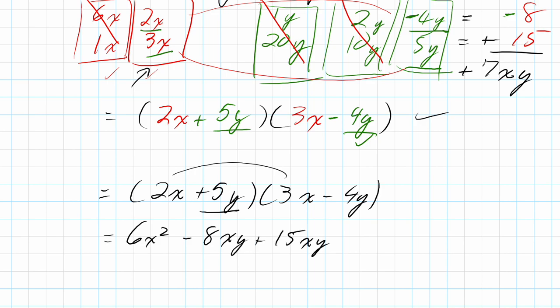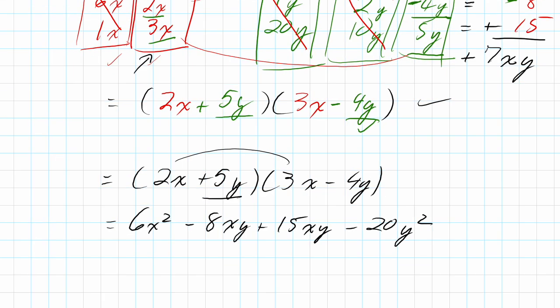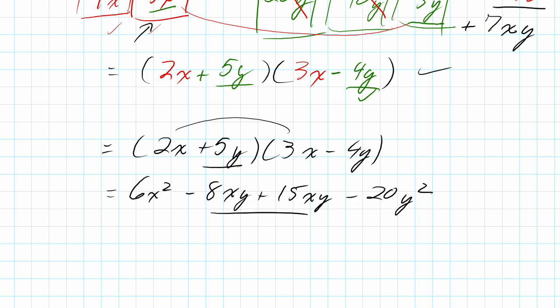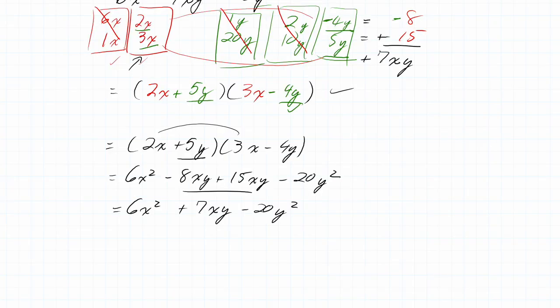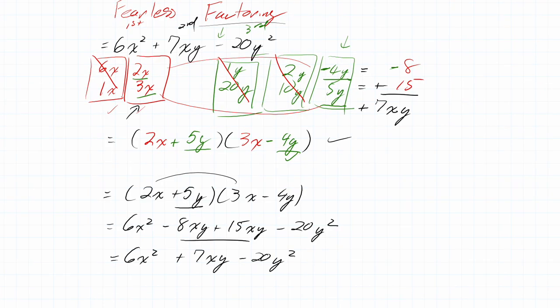And 5y times negative 4y gives us negative 20y squared. We quickly collect our like terms in the middle and we get 6x squared plus 7xy minus 20y squared. If we zoom out and take a look, that's exactly what we started with. When we expanded and simplified, that's exactly what we got. So that's it. We've got it once we've gone through that piece.